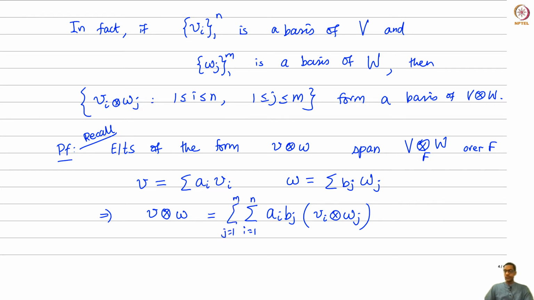So what this means is that these elements Vi tensor Wj certainly span the space, because the V tensor W's are all expressible as a linear combination of the Vi tensor Wj's, and the V tensor W's span the space. Okay, so let's give this set a name, script B. B certainly spans the vector space V tensor W over F.